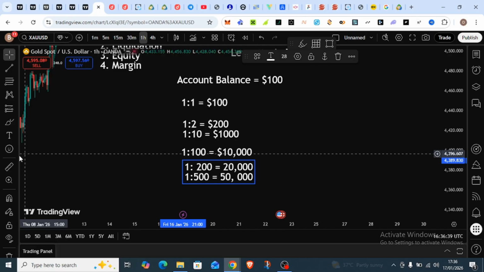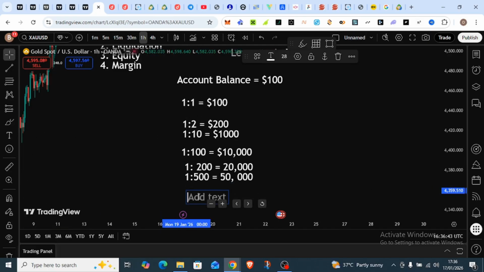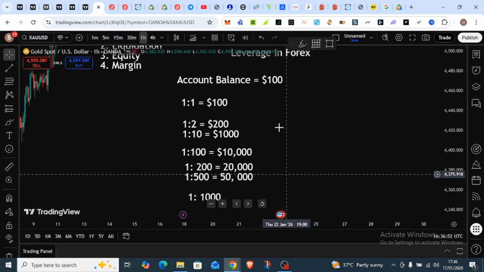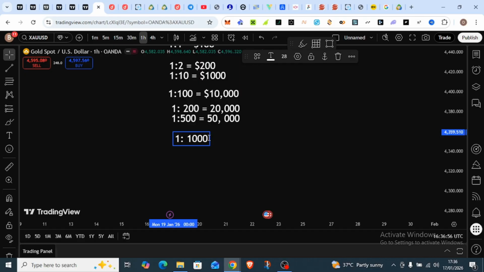Let's continue. If we have another one, 1:1,000. Let's say we have a leverage of 1:1,000. The maximum units of assets you can buy from the $100 account is 100,000 units.